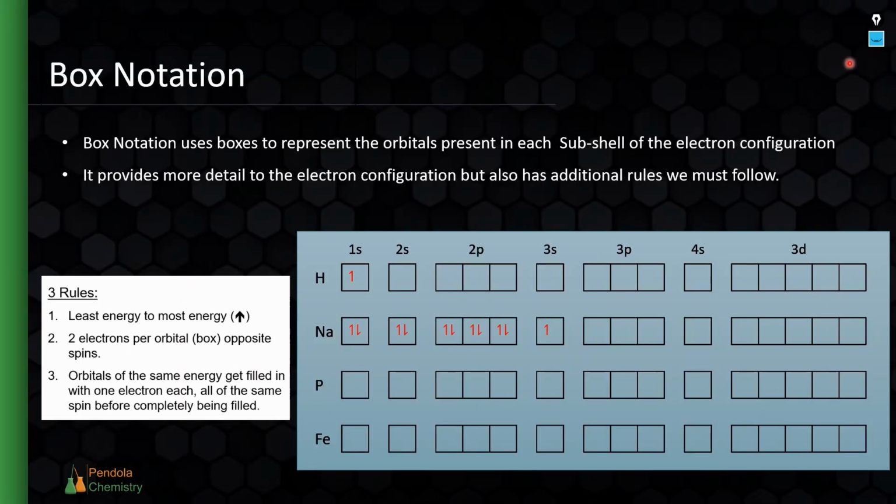Well, when we distribute those 15 electrons into the sublevels, we're going to have 1s2, 2s2, 2p6, 3s2, 3p3. That's 2 plus 2 is 4, plus 6 is 10, plus 2 is 12, plus 3 is 15.